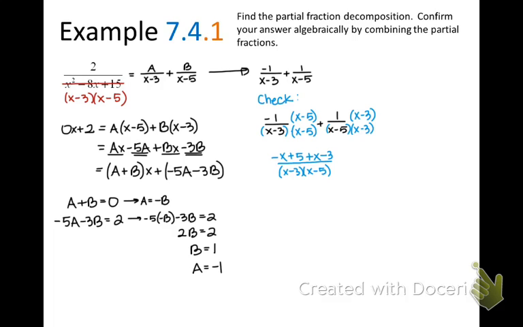So what happens in the numerator? Yep, your x's cancel. 5 minus 3 is 2, and then if you FOIL out the bottom, you get x squared minus 8x plus 15. Is that what I started with? Yes, so then that is your algebraic check that your decomposed parts actually do equal what you started with.